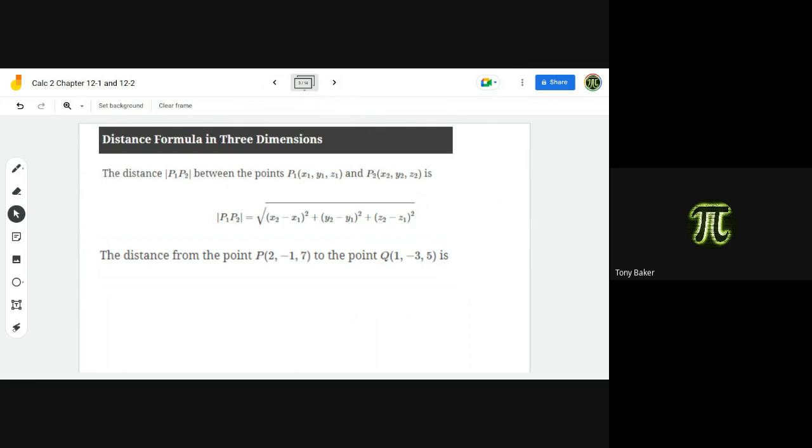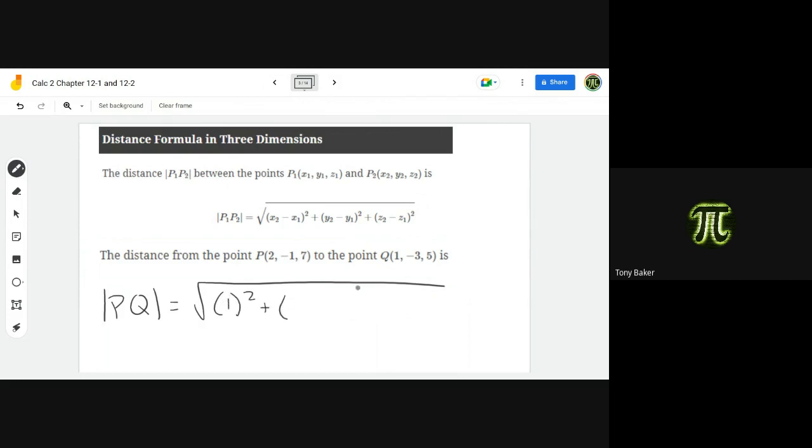So if we look at the distance between these 2 points, we have the square root of, we subtract the x's, so 2 minus 1 is 1 squared.